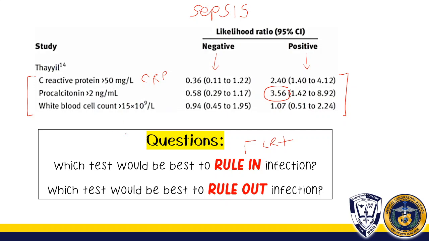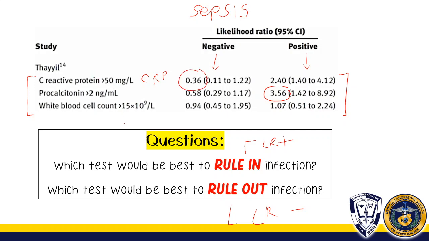How about the rule out? Diba? Dapat sa rule out, si LR negative man ni, diba it should be smaller or closer to 0. Smaller than or less than 1. Almost close to 0. The better the test is. So, between these three, kinsa may na pinakagamay na value? Diba?